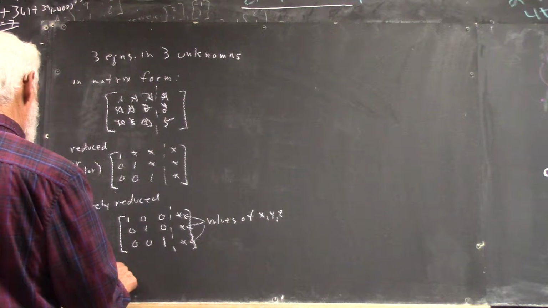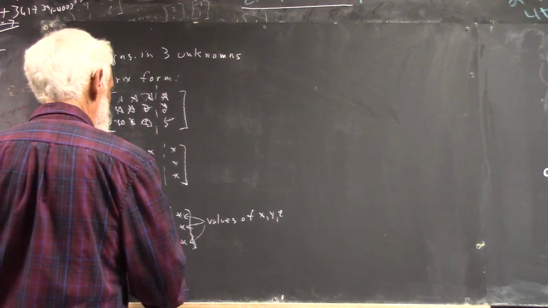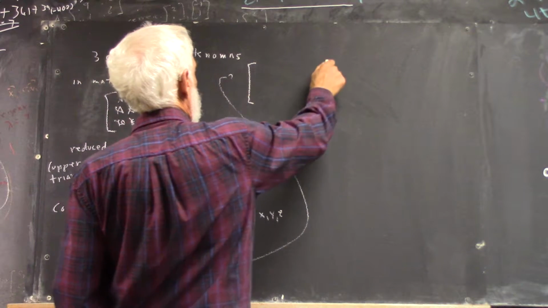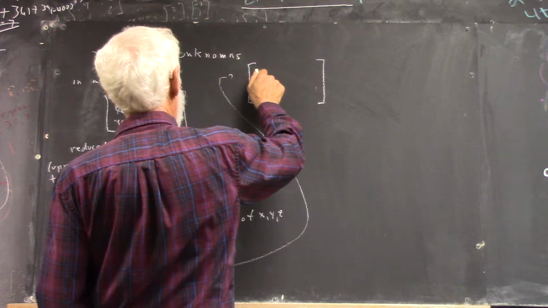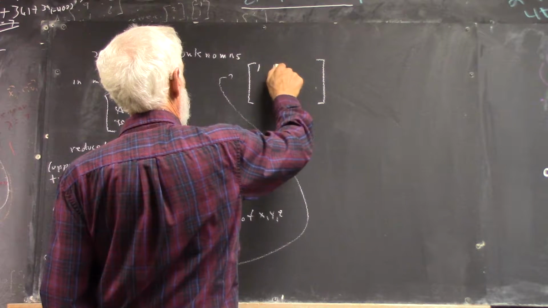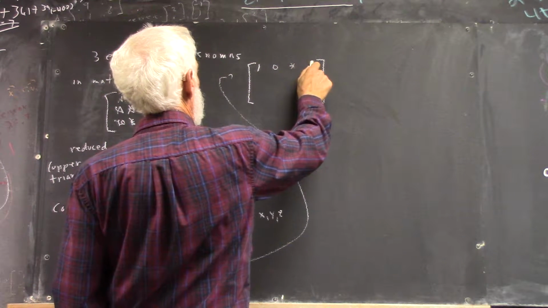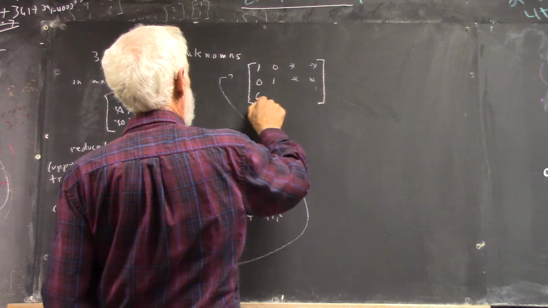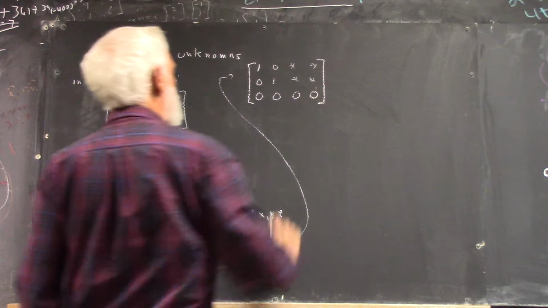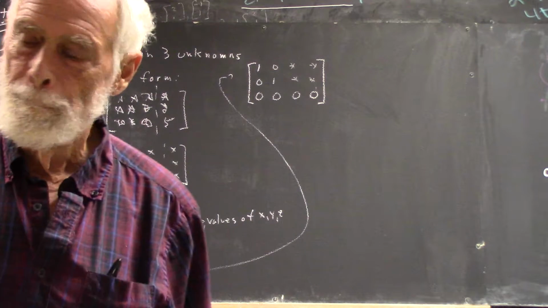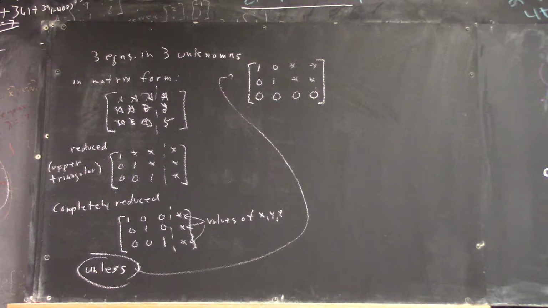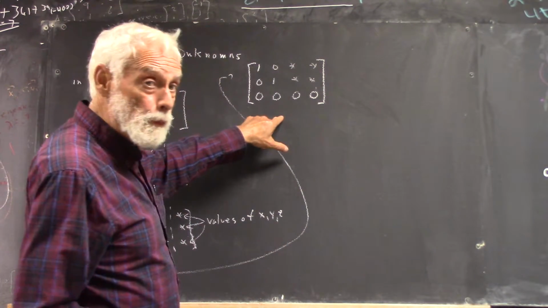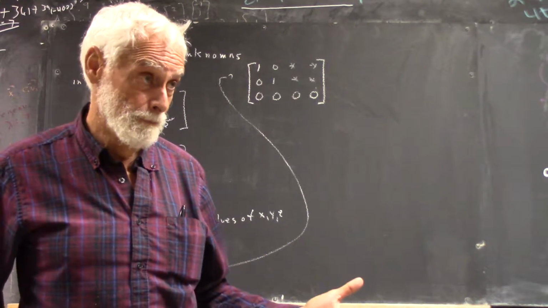Unless it doesn't look like that, because it could end up looking like this. And this is what it'll look like if one of the equations is a sum of multiples of the others.